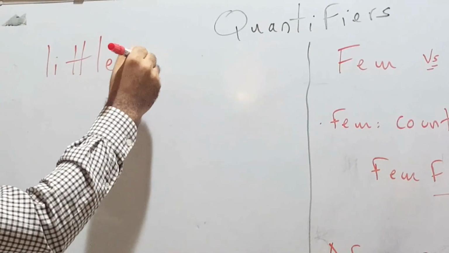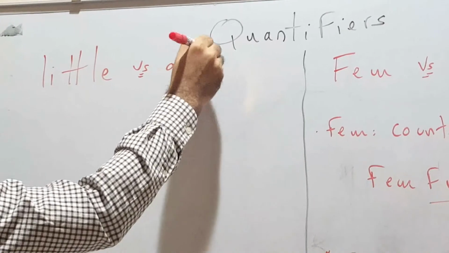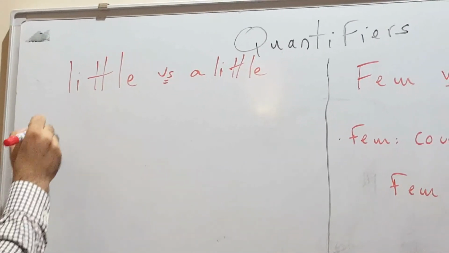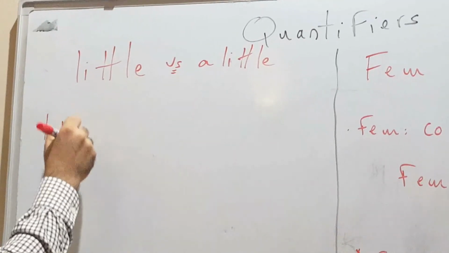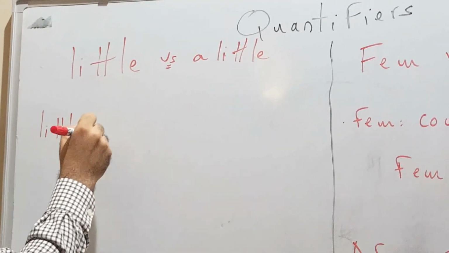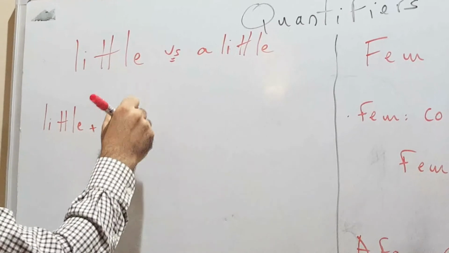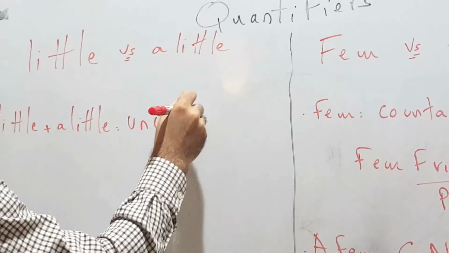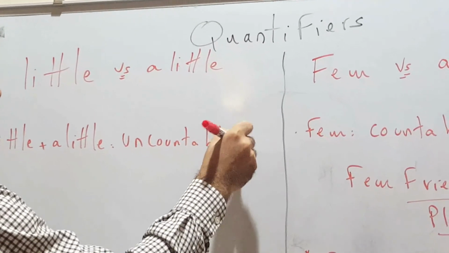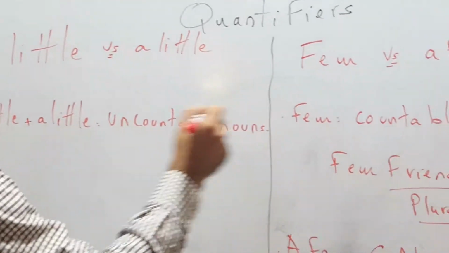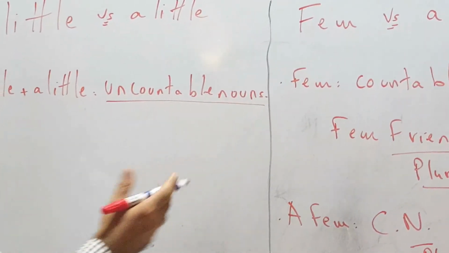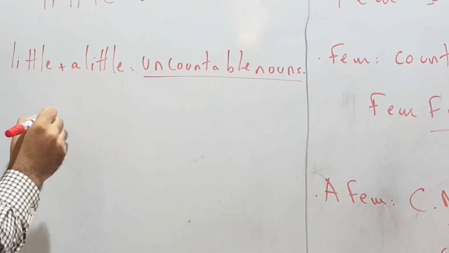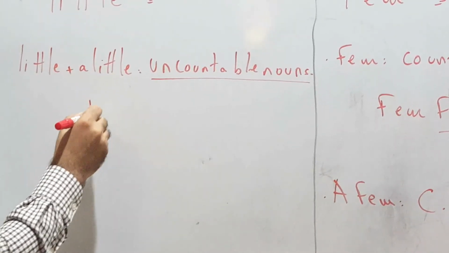Little versus a little. Both little and a little are used with uncountable nouns. That is, we use them with quantities and not with numbers. So let's take an example of, say, little milk.